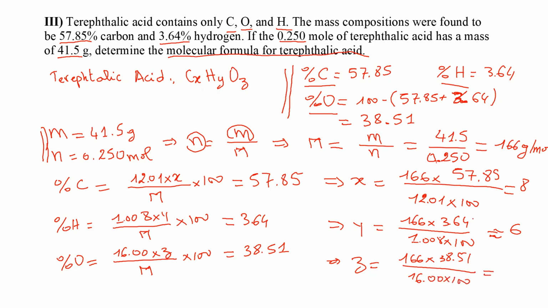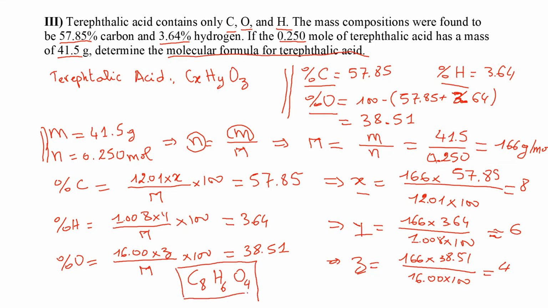And this is equal to 4. So we have X, we have Y, we have Z. So the terephthalic acid formula will be C8H6O4. Okay, this is terephthalic acid.